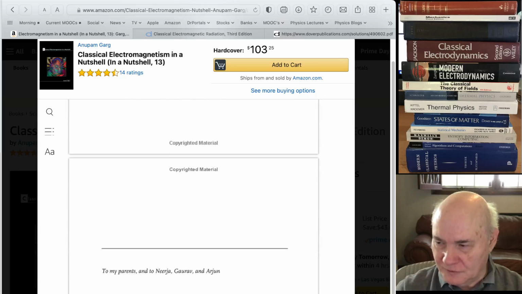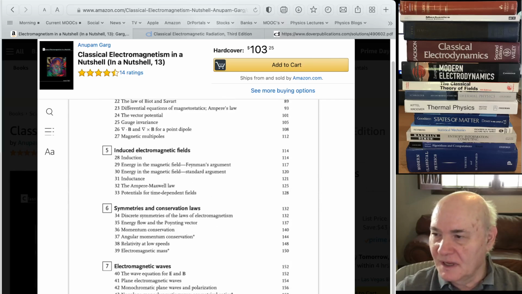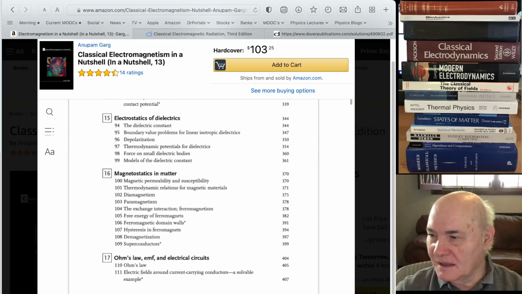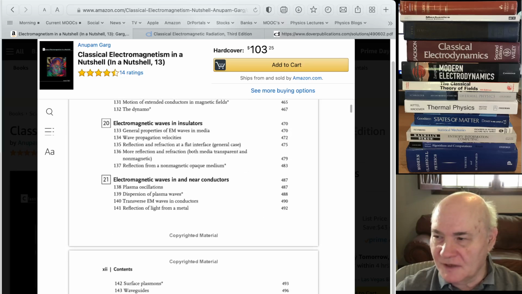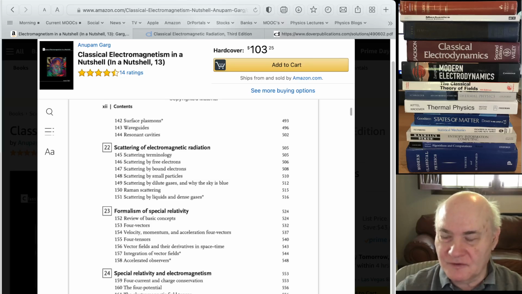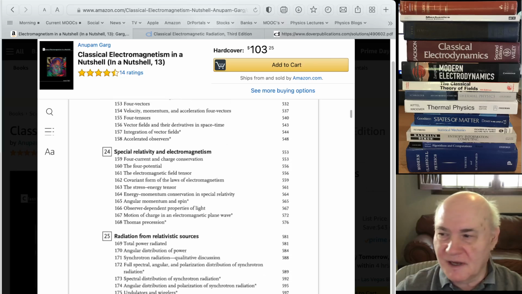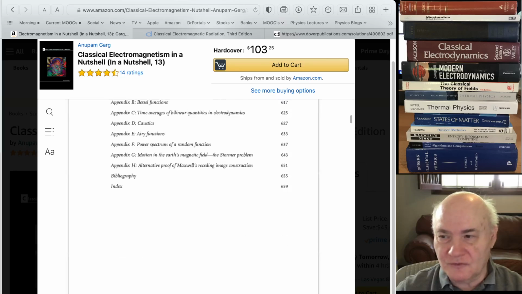This is a little shorter, about 600 pages, and it seems very similar. I can't remember what he does with the units. I think he uses a combination as well, like he switches back and forth. He uses what's appropriate: when it's a modern physics or theoretical physics type of topic, he uses CGS units. When it's an engineering topic, he'll use MKS units. And it's 600 pages long, so it's a little shorter.